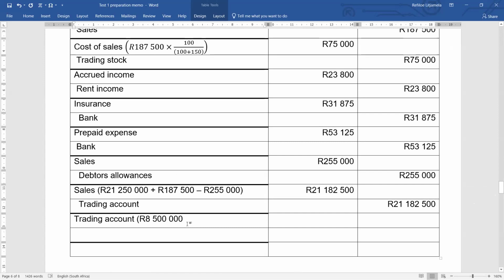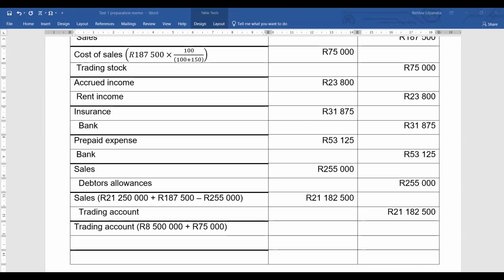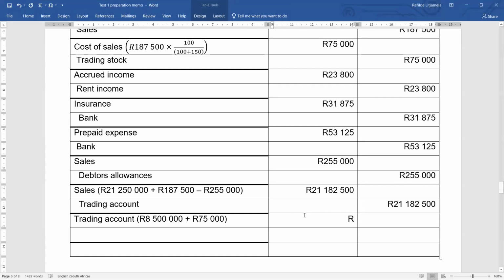So I will take that 8.5 million and subtract or add any cost of sales for goods that I've sold. There it is. I sold goods, so I'm adding. I'm not subtracting. I was going to subtract if I was dealing with debtors allowances, if there is any debtors allowances under adjustments. So what I'm going to do is just to add the 75,000. Okay. So when you take 8.5 million and add 75,000, it will give you 8,575,000.